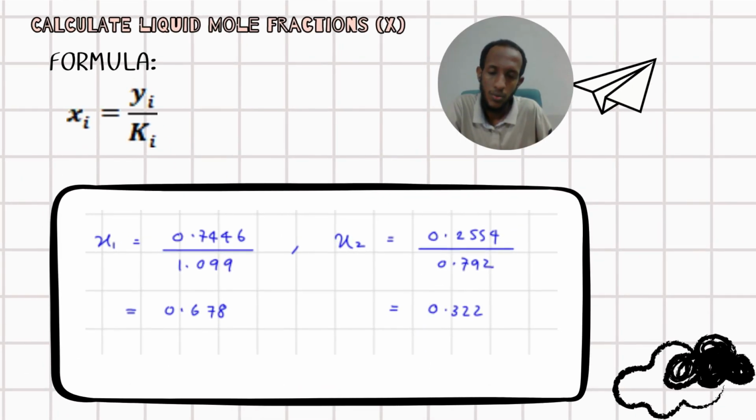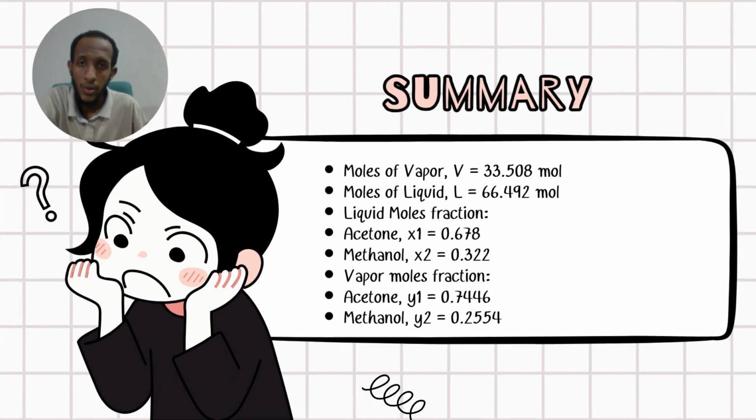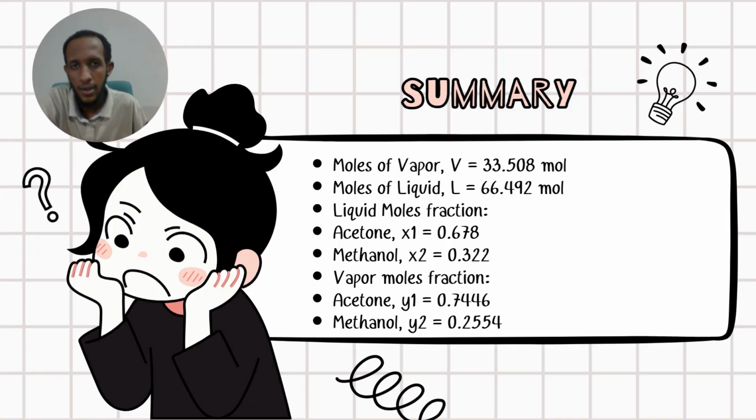After that, we will calculate the liquid mole fractions, X1 and X2. The formula as shown is X equals Y over K. After substitution, the value of X1 will be 0.678 and the value of X2 will be 0.322.